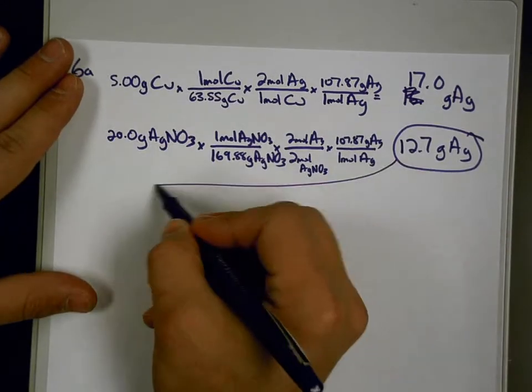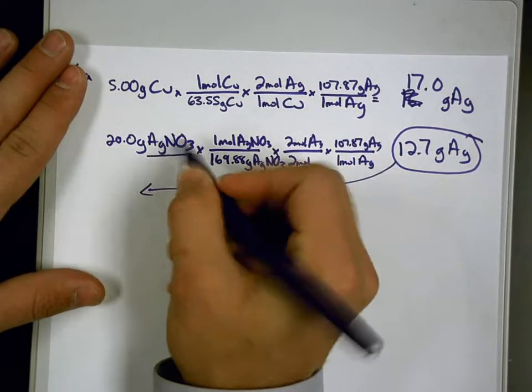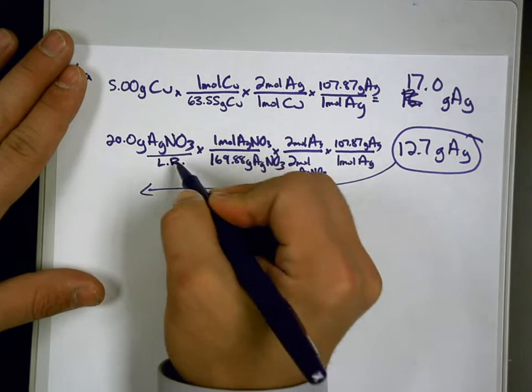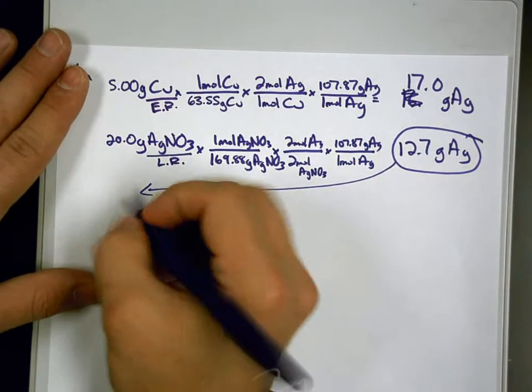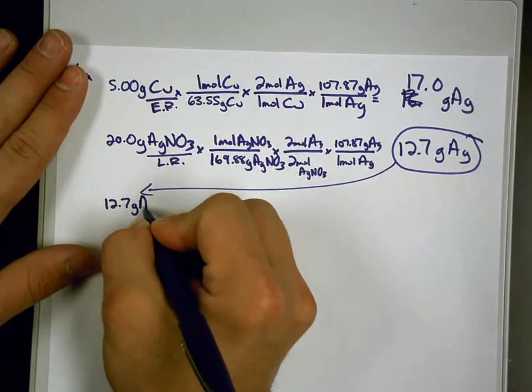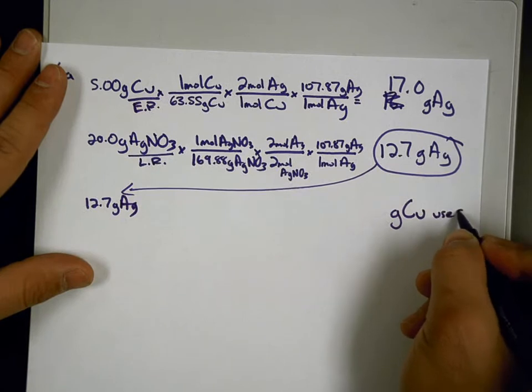Now problem B again asked for what mass of excess will be left over. We're getting a lot of practice with this right now. Start with the product made. Let's state that AgNO3 is the limiting reactant because it ran out, and copper must then be the excess reactant. So let's go from 12.7 grams of Ag to grams of excess that was used.